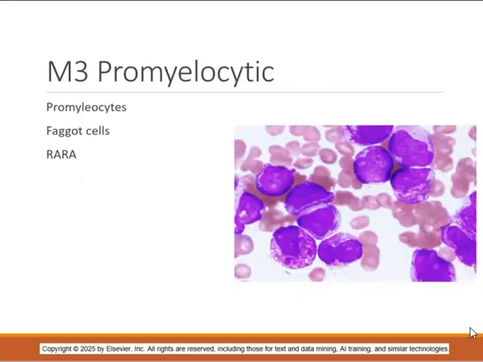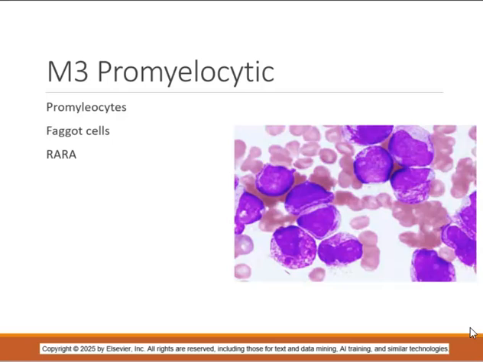Now, M3 is promyelocytic leukemia, so you can see promyelocytes. Remember all those primary granules in there? They still have a blasty kind of look to them also. Usually we see tons of Auer rods, which you can sort of see right up center, and they call them faggot cells.